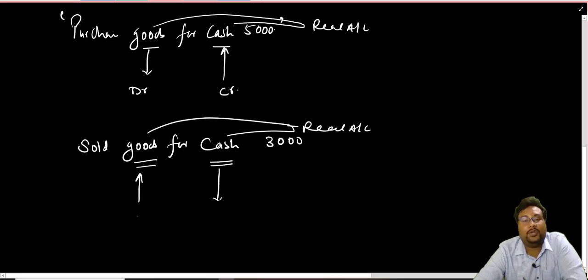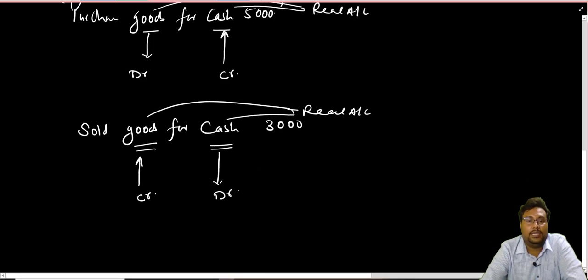So beta, as we know that goods is going out, and the rule is what? Debit what's coming. So cash will be debit and credit what goes out. So goods will be credit.